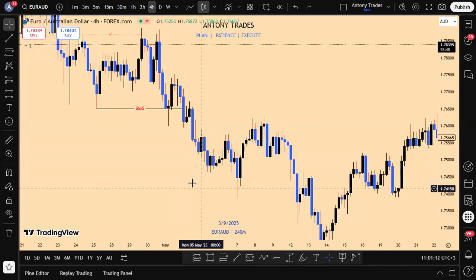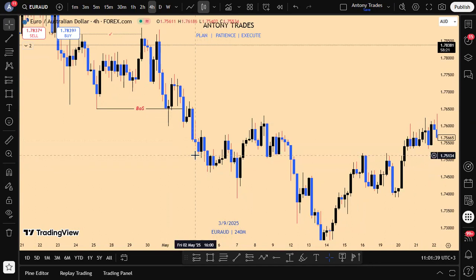Now, the only place that I can see a pullback is here. You see this last bearish candle before the bullish candle. This bullish candle swept the low of the bearish candle before pushing to the upside and sweeping the candle high. So this is a valid pullback. And this is also a valid pullback because it swept the candle low before sweeping the candle high.